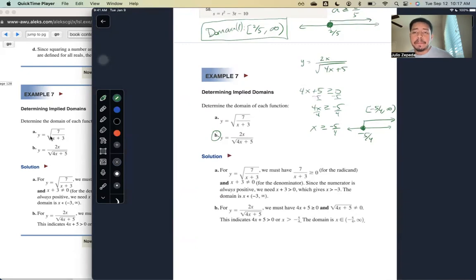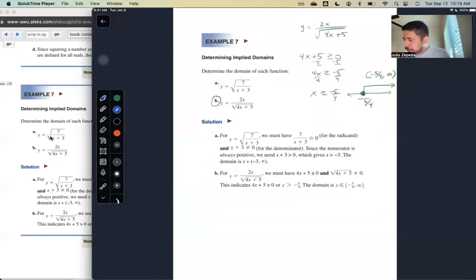We have a fraction. Since we have a fraction, we know that the denominator cannot be equal to 0. So we need to exclude any value that would make the denominator 0. What number would make the denominator 0? I'm going to set my denominator, the square root of 4x plus 5, equal to 0, and we'll end up excluding this value here.